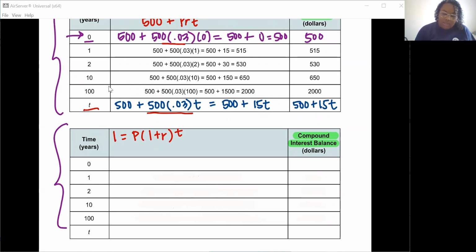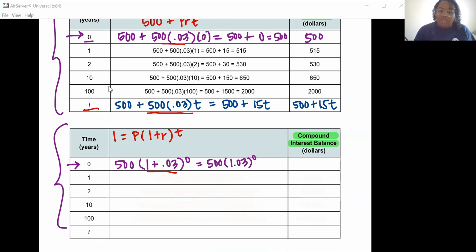So let's go ahead and substitute for the first row here, when time is equal to 0. So I'm going to take my principal, 500, times the quantity of 1 plus R, my rate as a decimal, 0.03, to the power of 0, because that's the time for this particular row. So I will have 500 times the quantity 1.03 to the power of 0, and I got that simply by adding what I have in my parentheses there.